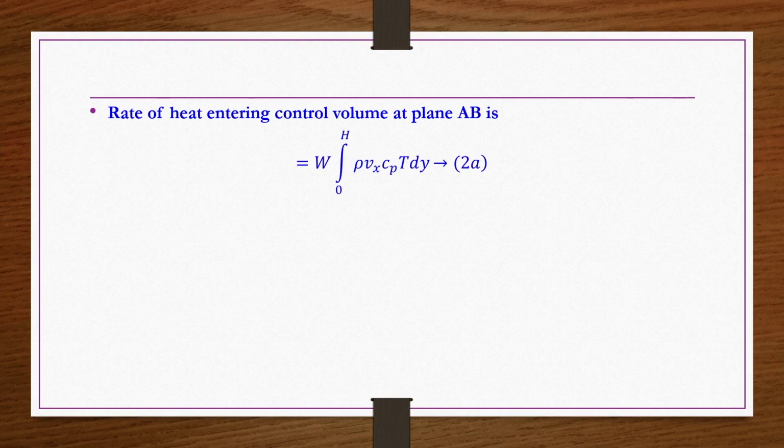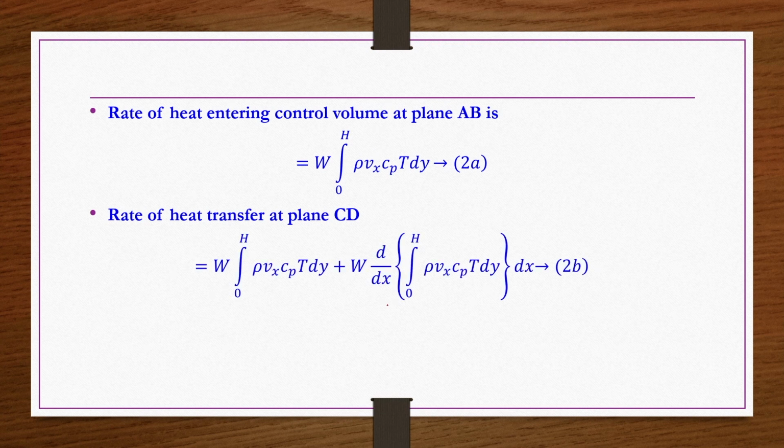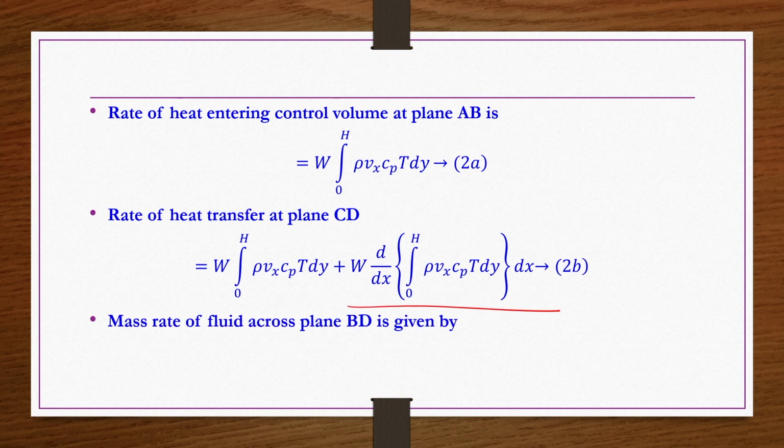Rate of heat entering the control volume at plane AB is this one. Rate of heat transfer at plane CD is nothing but this one plus d by dx of that expression 2a, right. And then mass rate of fluid across plane BD, that we have already seen, is nothing but W d by dx of integral 0 to h rho Vx W dy dx.